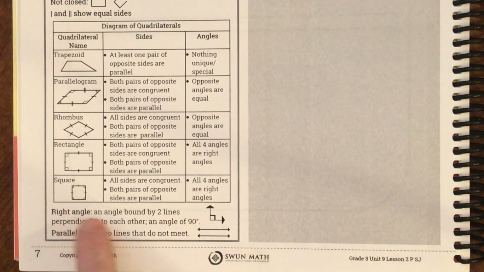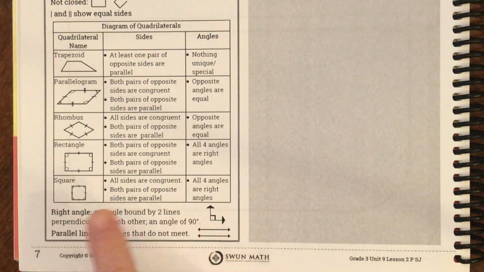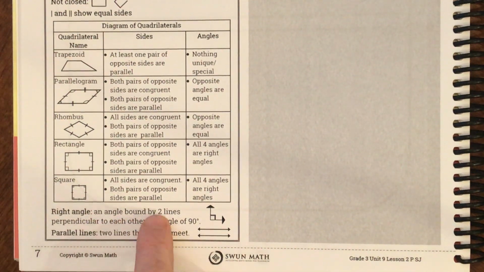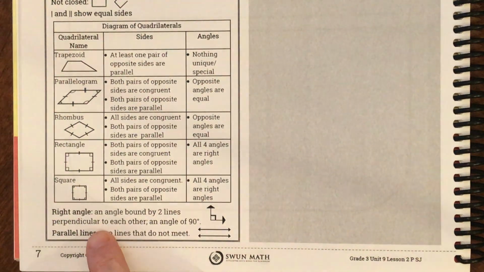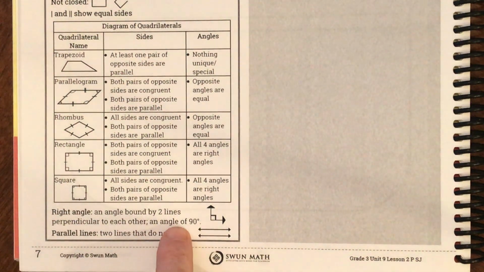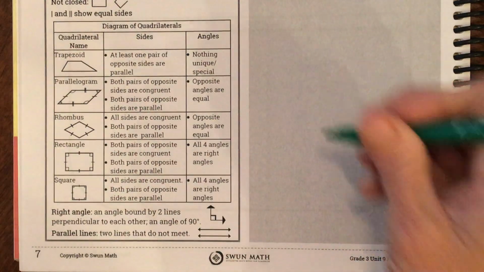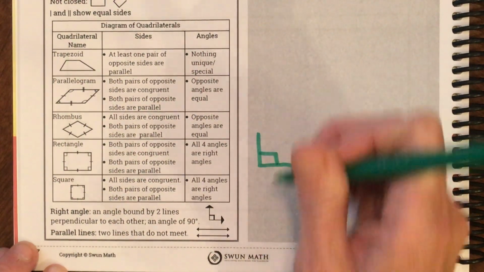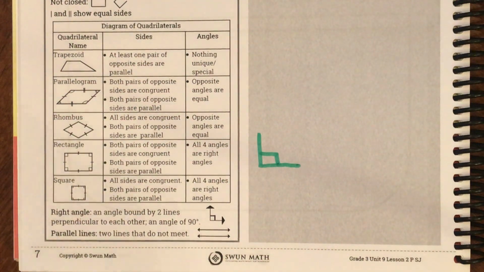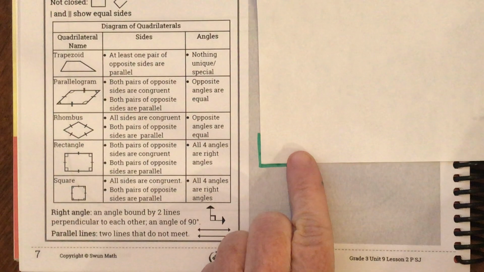Now, yesterday I talked about this, but I didn't read this. A right angle is an angle bound by 2 lines perpendicular to each other, an angle of 90 degrees. So in your shape, I'm going to draw it larger, they put this little box. I always like to think that I could take a piece of paper and it will fit perfectly in there.